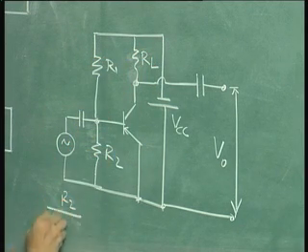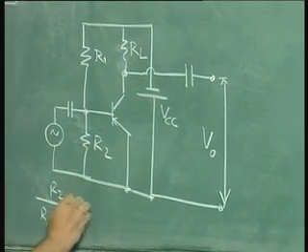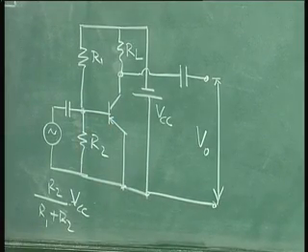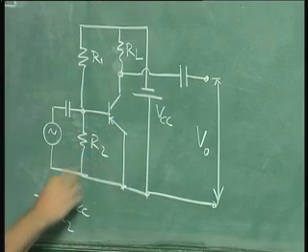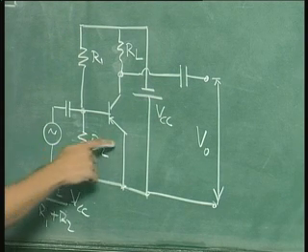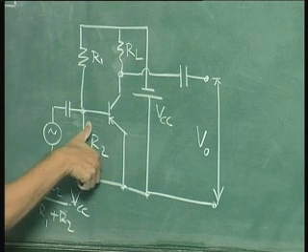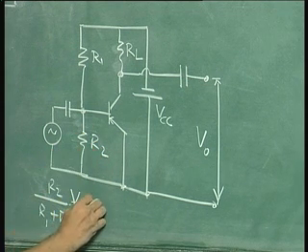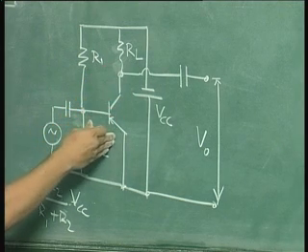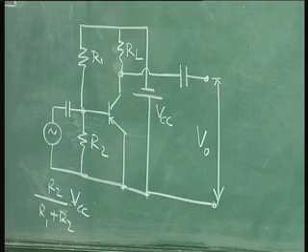R2 by R1 plus R2 into VCC is the so called VEB here. Now this will not provide you a stable current, because you are fixing the voltage here. So this is VEB. Try to fix the voltage. If the temperature changes, then the current will change rapidly. So what do we do? This we will see in the next class.